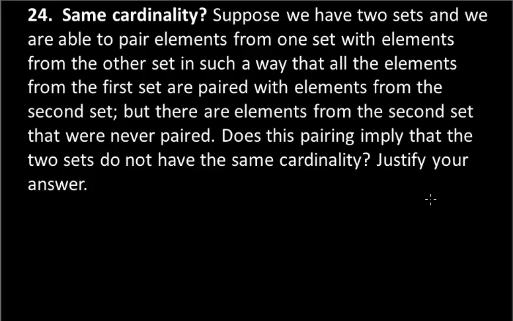Number 24, suppose we have two sets, and let's take an example. Let's take our two sets to be the natural numbers and the integers. And we are able to pair elements from one set with elements from the other set in such a way that all the elements from the first set are paired with elements from the second set.